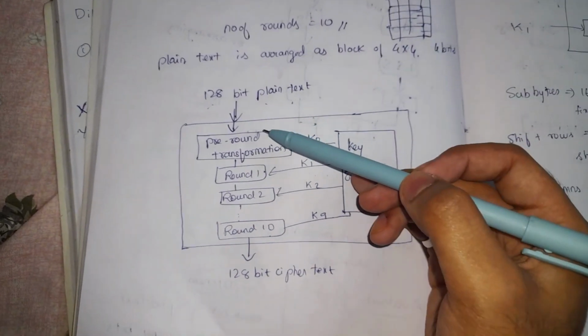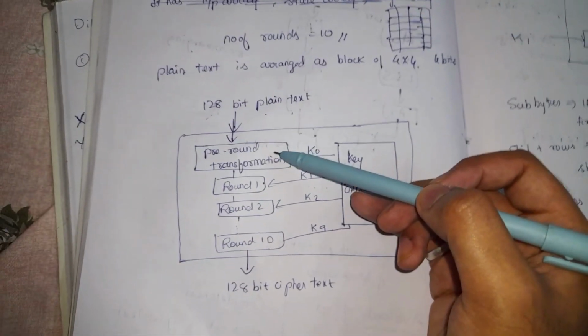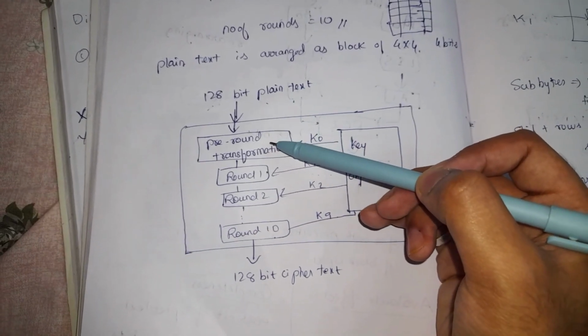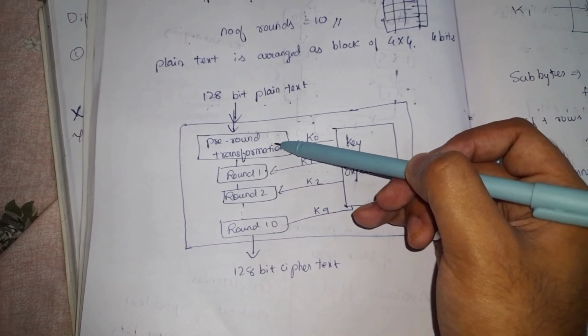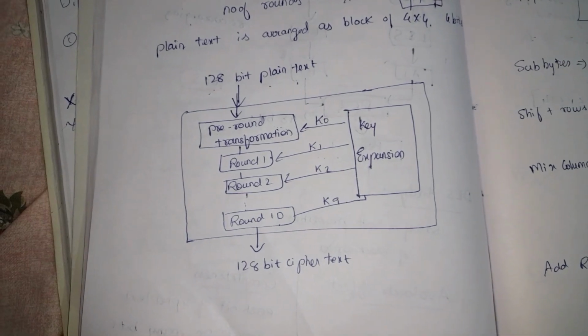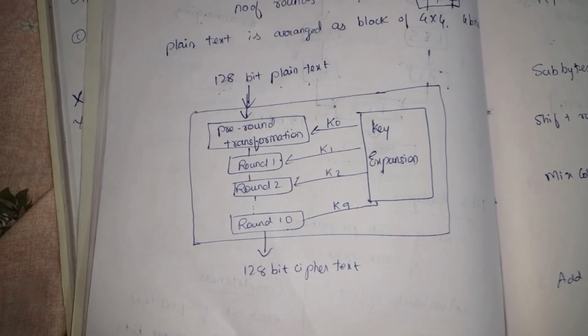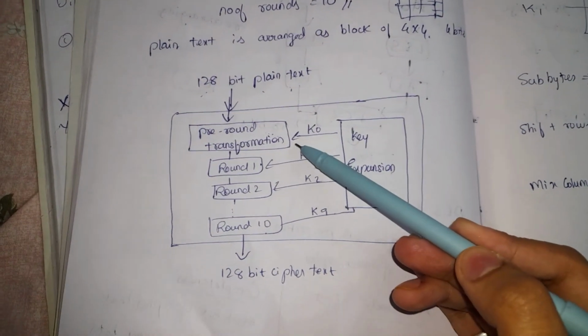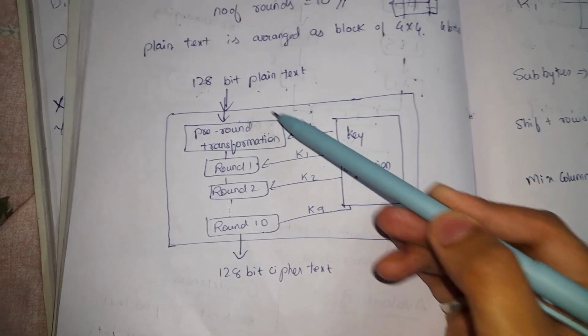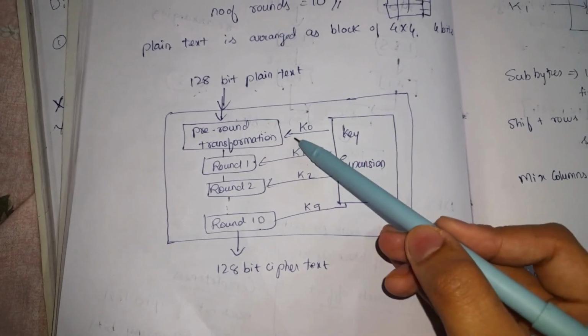Now before going through the rounds, the plain text undergoes a pre-round transformation. Pre-round transformation in the sense of rearranging and performing the XOR operation between the plain text and the key.